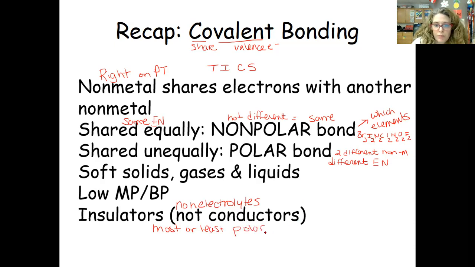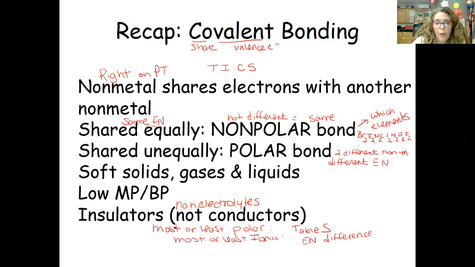If you see something that says the most or the least polar, or the most or least ionic, you need to go to Table S of your reference tables and find your electronegativity values, and then subtract them, because the electronegativity difference is going to tell you.